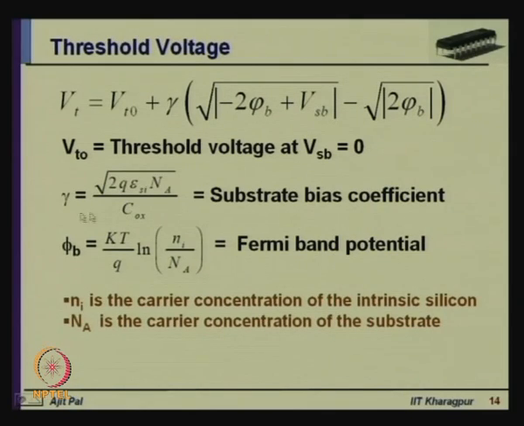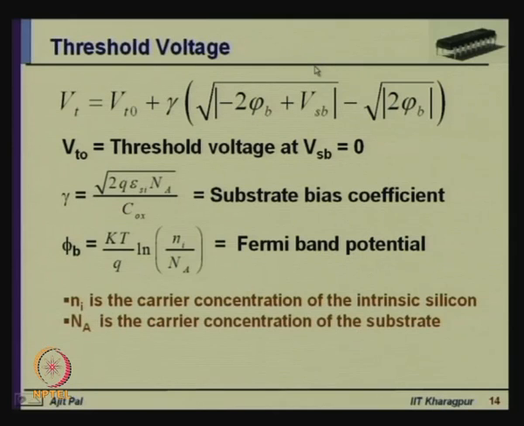Here this gamma is known as the substrate bias coefficient. Why substrate bias coefficient? As you can see, this Vsb is actually the source to body voltage that you will be applying.